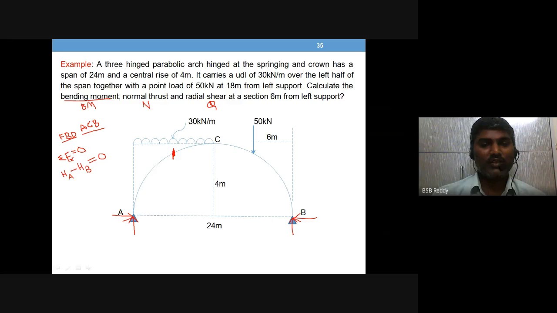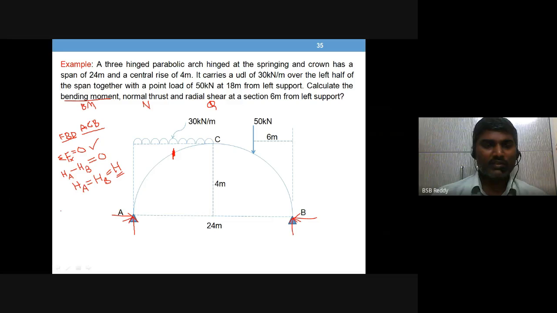So why negative sign? Because both are opposite to each other. If one is positive, the other one will become negative. So this will give you, already known to you, that HA should be equal to HB, and that is equal to H. So HA and HB are same in value. That's why we go for a common notation H. So this is from the first equilibrium equation.